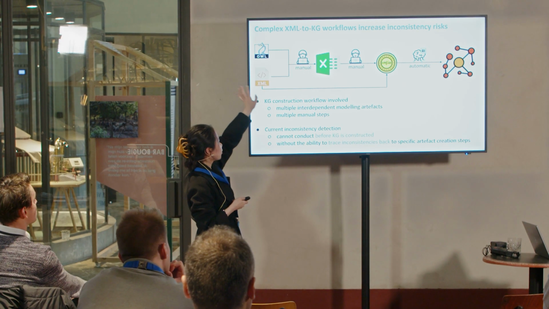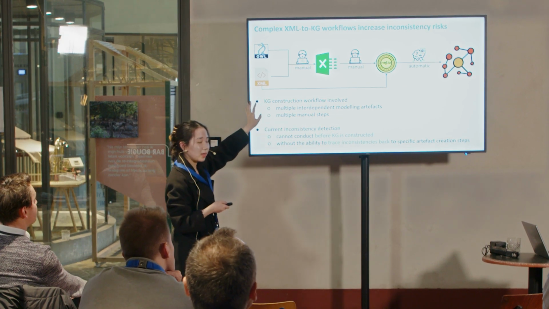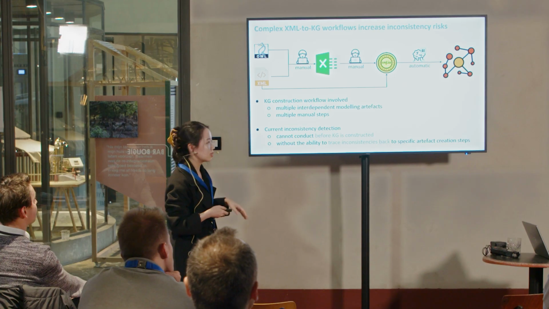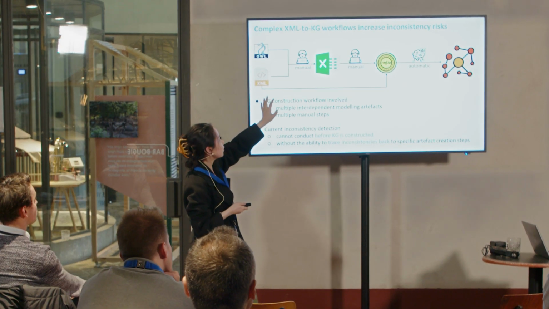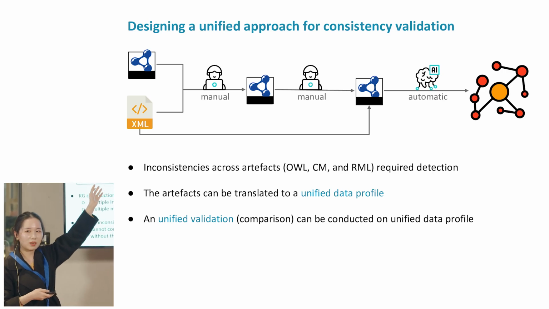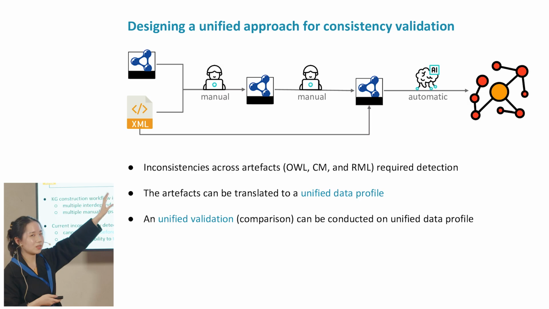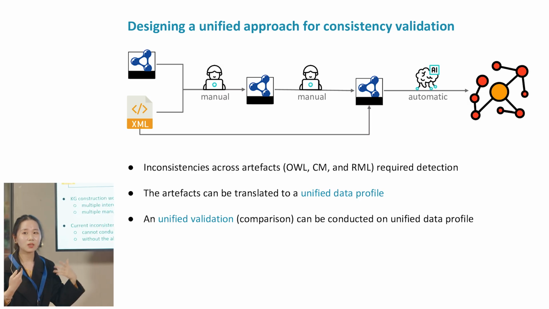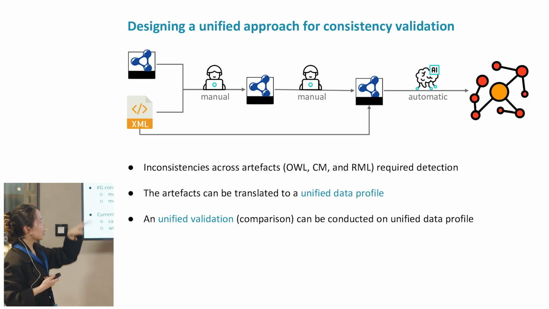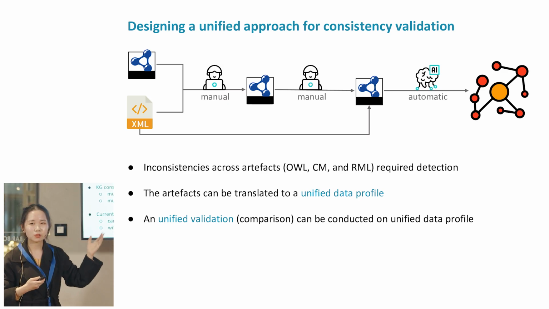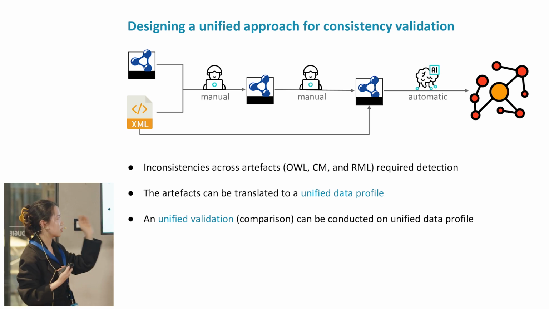The original file is XML and our goal is a knowledge graph, but because the XML file is very complicated, the experts have to write down, based on the ontology and XML, hundreds of rules in an Excel sheet, and based on the Excel sheet, they write down hundreds of rules for the final execution of the knowledge graph generation. With these manual steps involved, we can imagine how easily inconsistencies are introduced during this process.